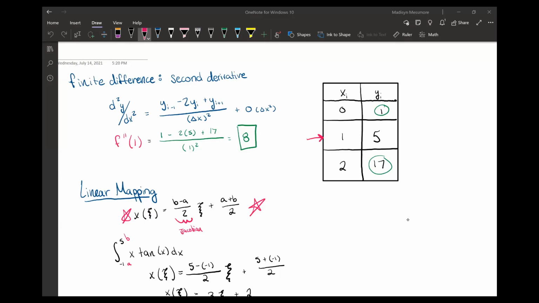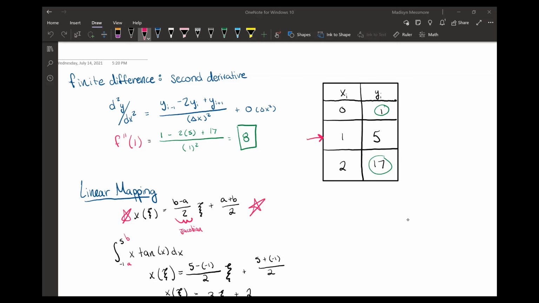I've been asked quite a few questions on finite difference, specifically when it comes to finding the second derivative, in which I'll share my screen to show it. This is kind of what it looks like. So this is the formula here. This formula, the second derivative finite difference, is on your formula sheet, or it should be.